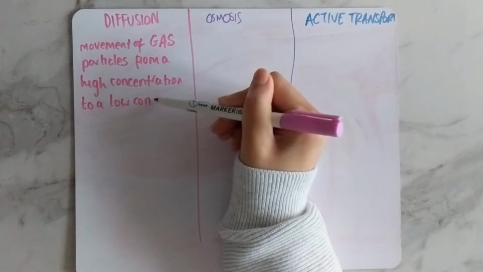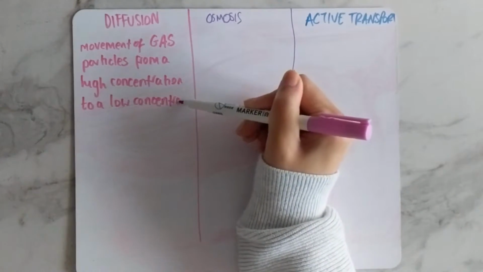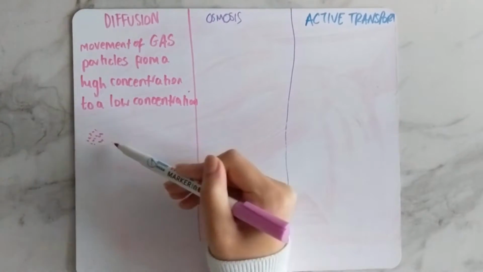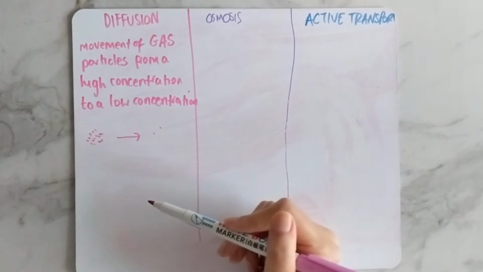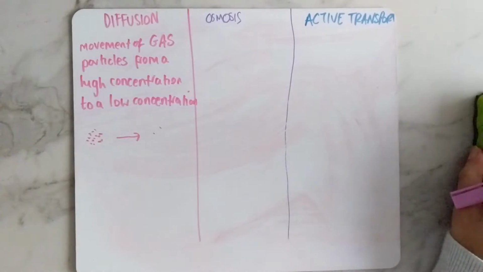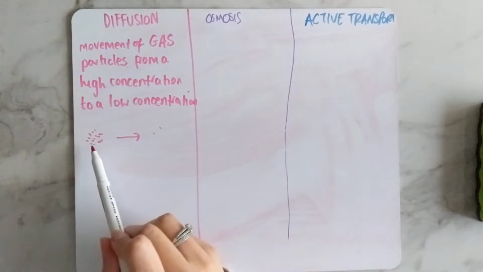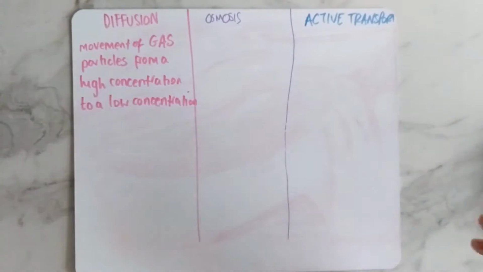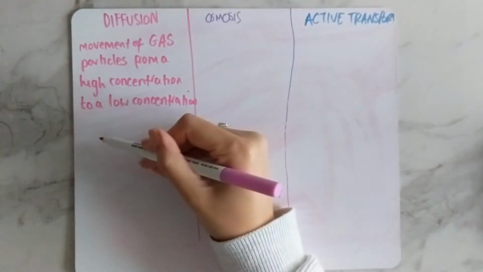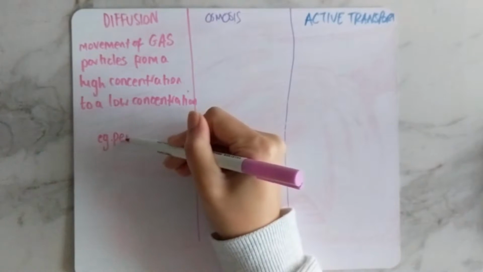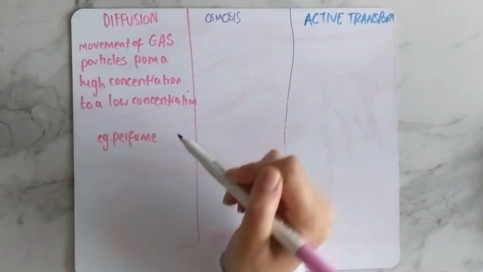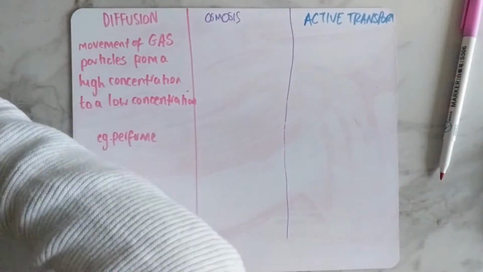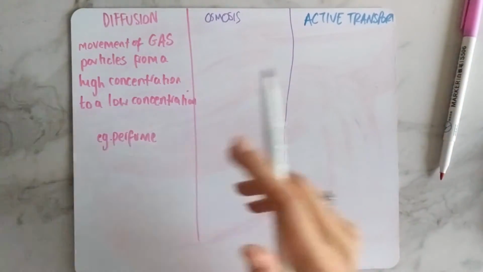And all that means is particles are going from an area where there's lots of these gas particles, and they're travelling to somewhere where there's not many. And particles tend to do this, so they always like to go from high to low. So that's diffusion. An example, we can just say perfume. So when you spray your perfume, you spray it in one area and someone can smell it eventually across the room. So osmosis is the second one.